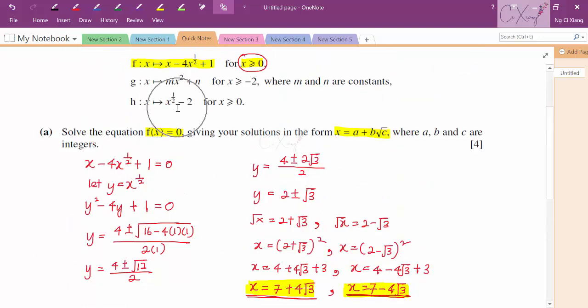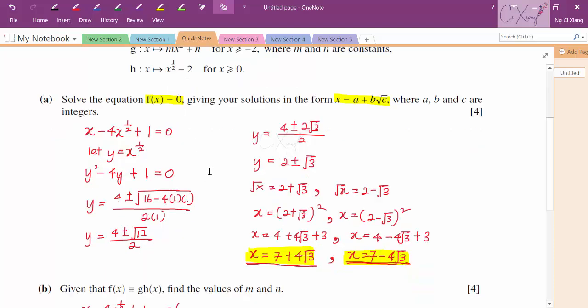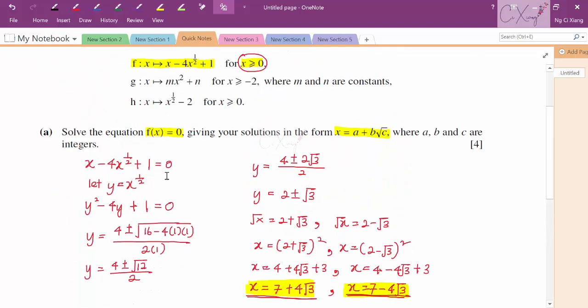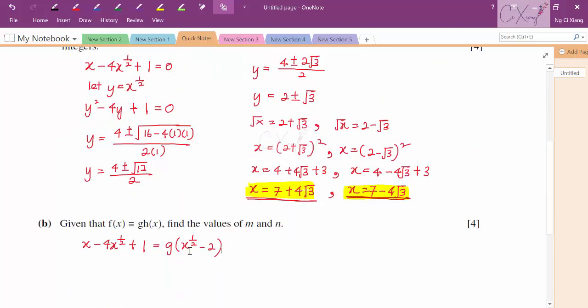Function h is square root x minus 2. Substitute square root x minus 2 into function g, so wherever you have x in g, you replace it with square root x minus 2.